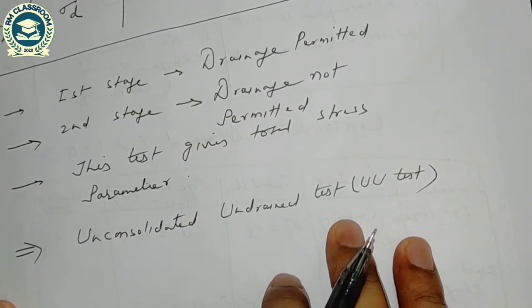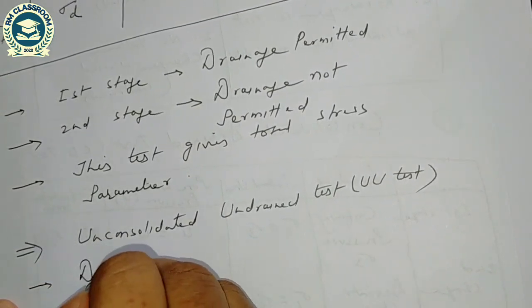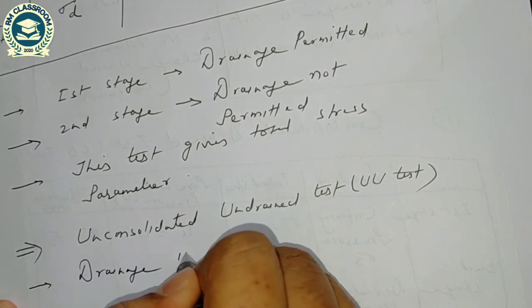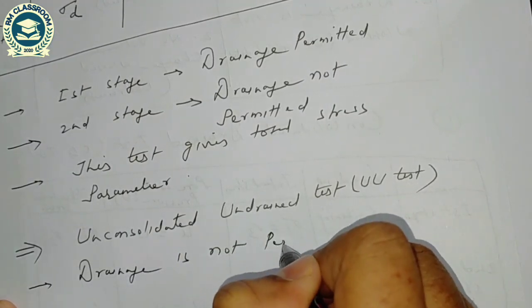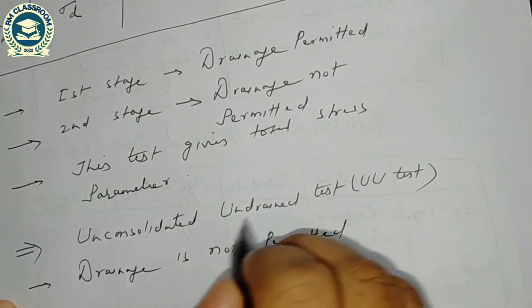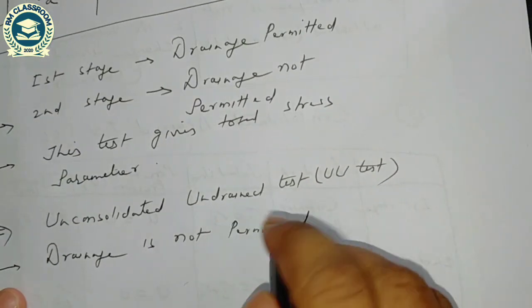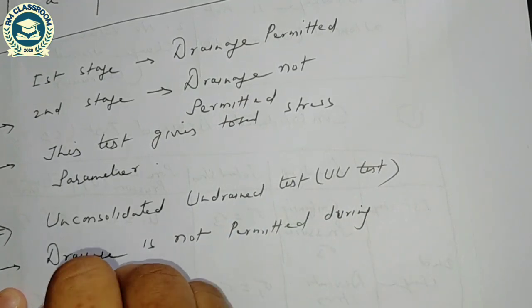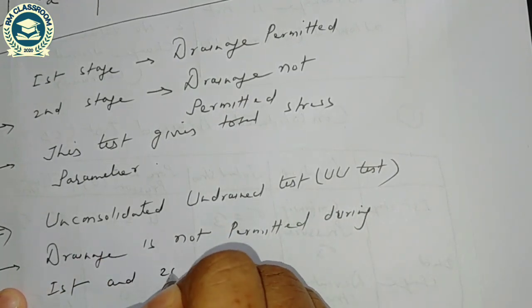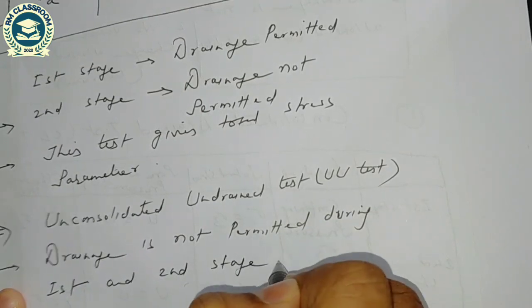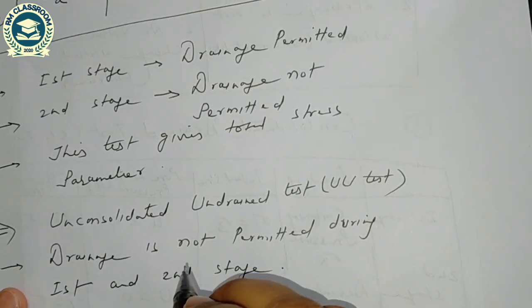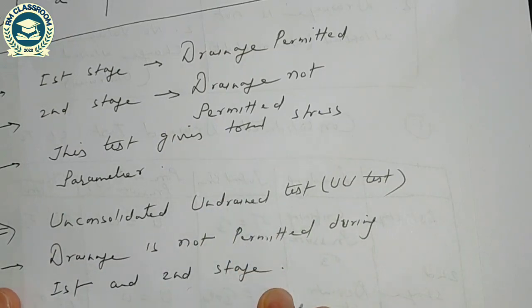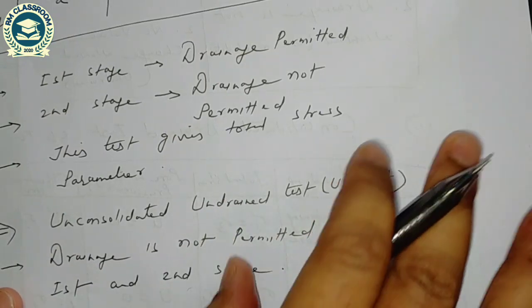So in UU test, drainage is not permitted during first and second stage. Simply, sample is initially saturated. So these are the possibilities of the test in the triaxial test.